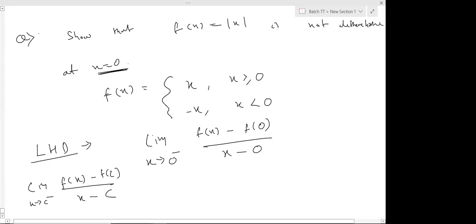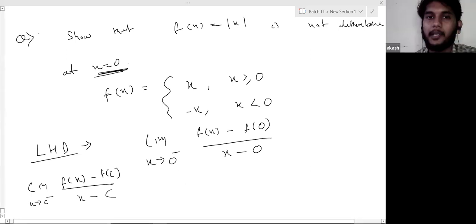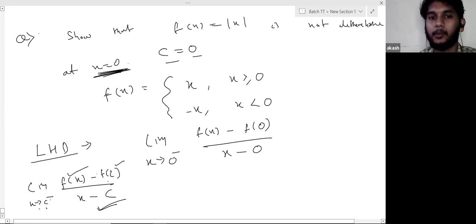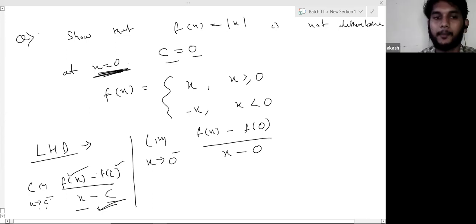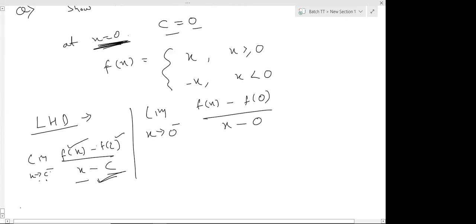Yes, sir. We are finding the differentiability at x equals 0, so the value of c here is 0. I did not do anything, just replaced the value of c as 0 in this formula: x tending to 0 minus, f of x minus f of 0 upon x minus 0. Right? Yes, sir.